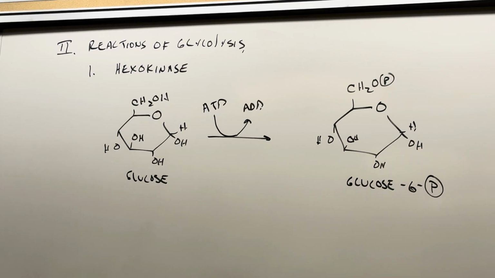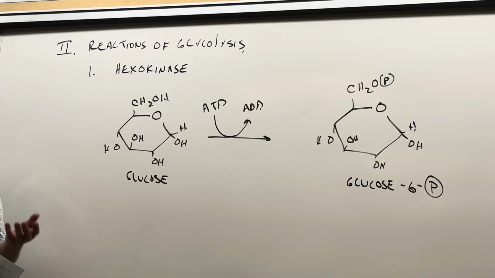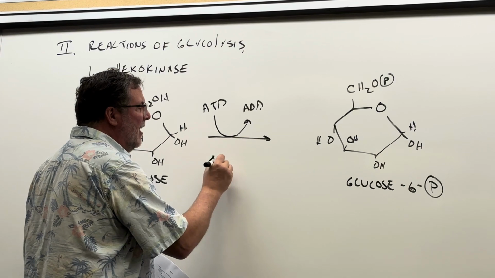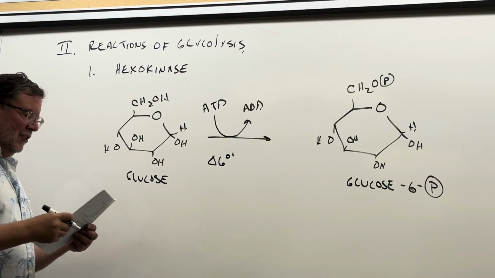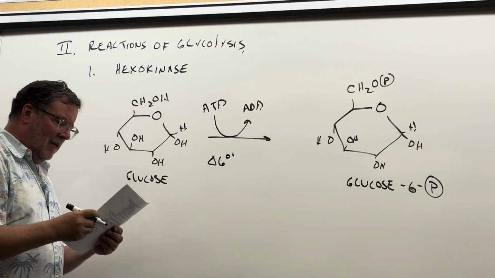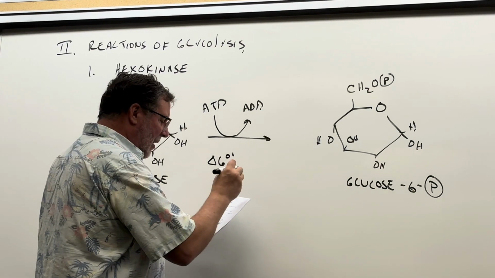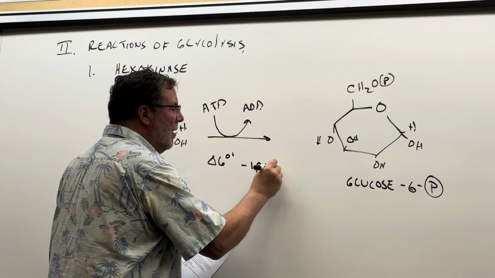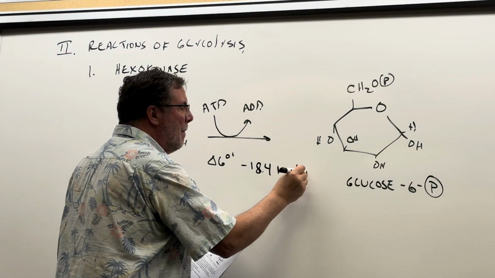Now we'll talk a little bit about the thermodynamics of the reaction. I'm just going to give you, and you don't have to memorize these numbers, but you can kind of memorize whether or not this reaction is highly favorable or not. The delta G naught prime for this reaction is minus 18.4 kilojoules per mole.